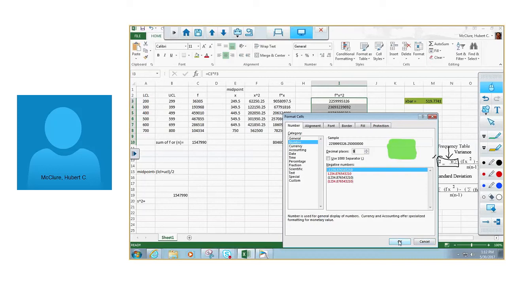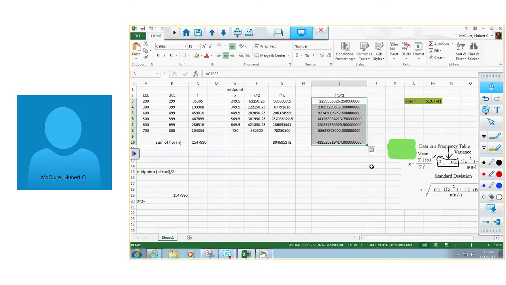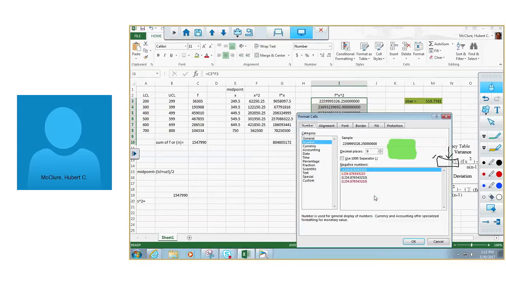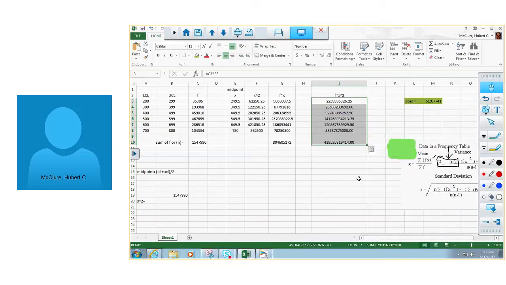That's big enough. Just take it to 2. There. Okay, so that number right there goes right here.